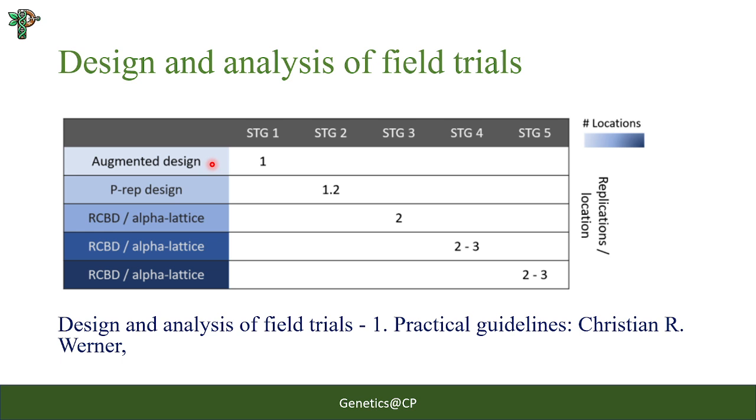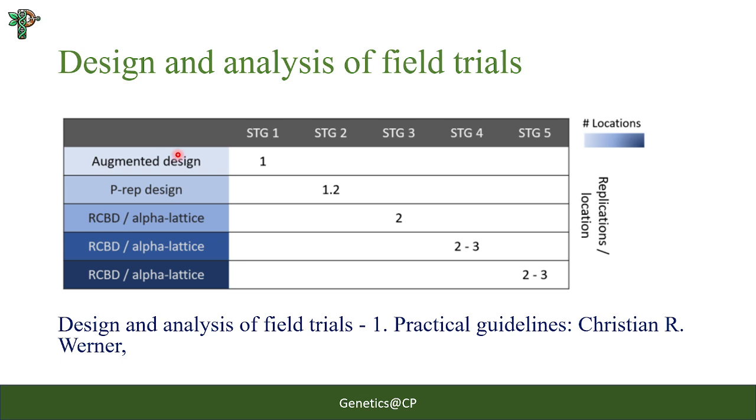Then another important thing to know is the different designs for multi-environment trials. Nowadays, everyone is going for multi-environment trials to estimate GxE interaction, to identify better genotypes across different locations, or to test adaptation. For example, in the initial stage of a varietal trial, RCBD is not possible because there will be a large number of entries, and you can't use designs that require a lot of resources.